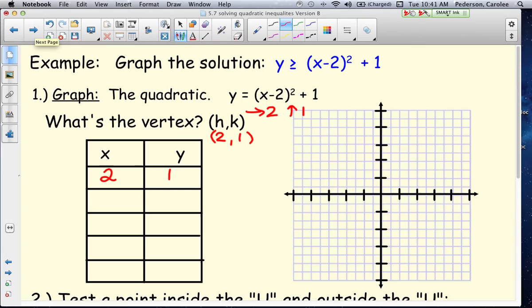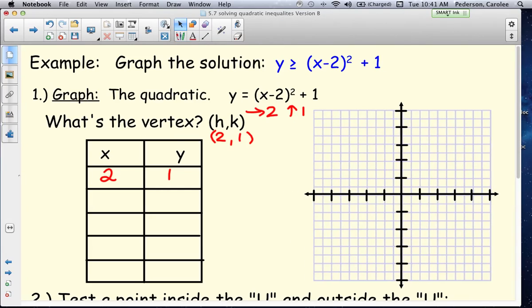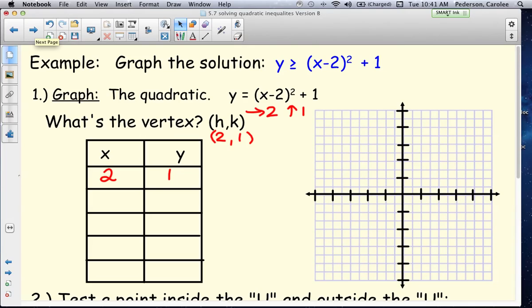Now I'm going to go over and graph a coordinate plane. I just want you to listen and watch how I graph the parent function. Don't need to graph this on your paper. I'll quickly graph the parent function y equals x squared. If you remember, it starts at the origin, and then it's (1, 1) and (-1, 1).